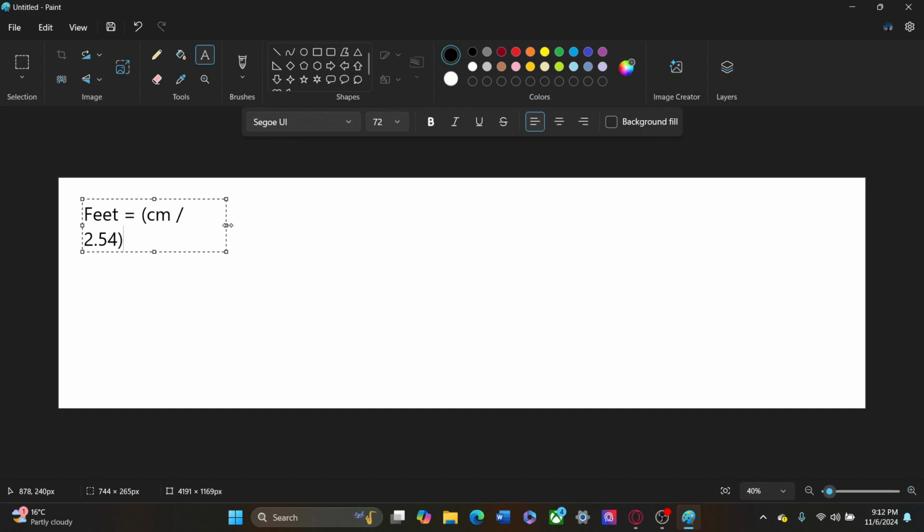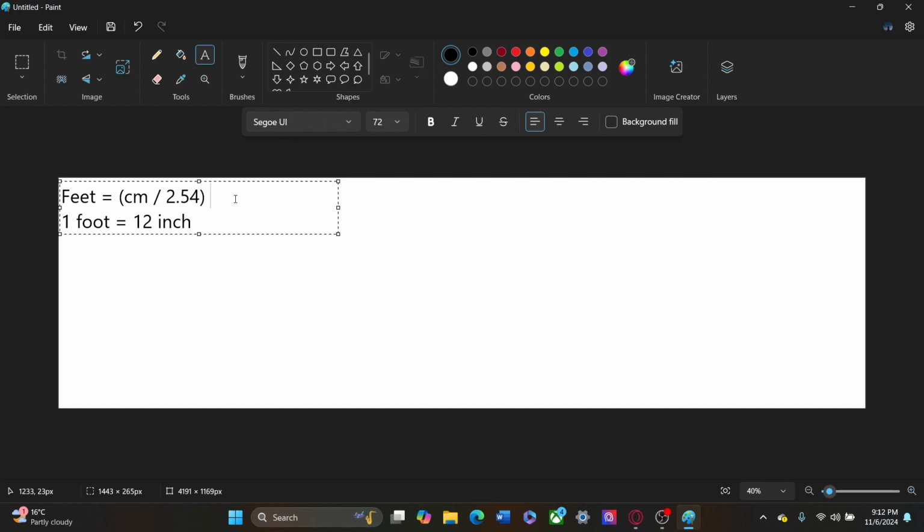Okay? We understand that? Yes? Awesome. But that's just our base, right? This will always be our base. Now we need to know how many inches are in 1 foot. We know that in 1 foot there equals 12 inches.